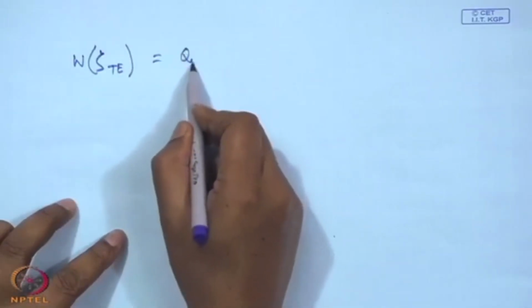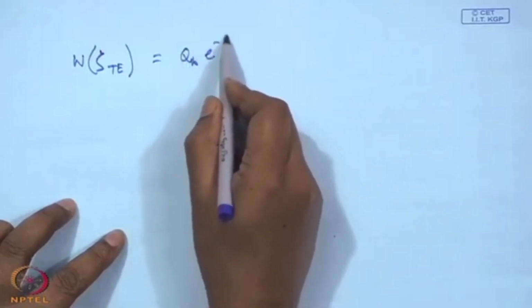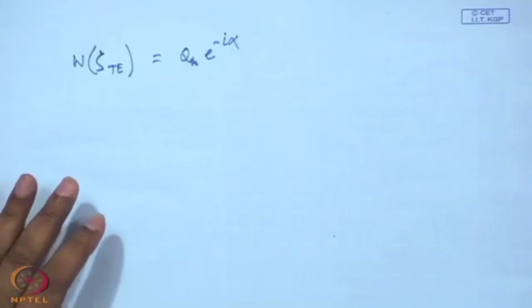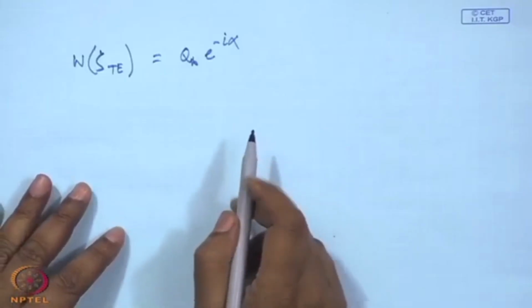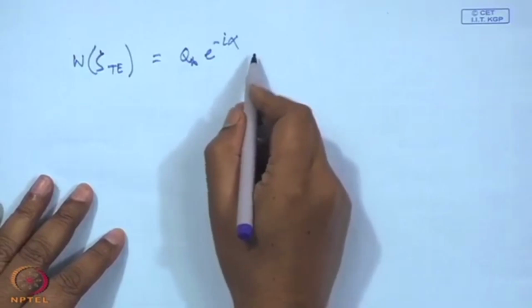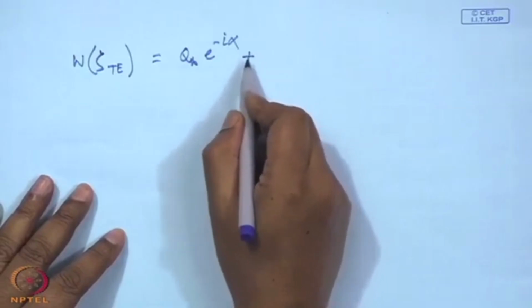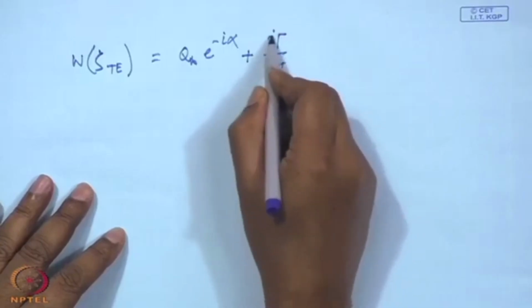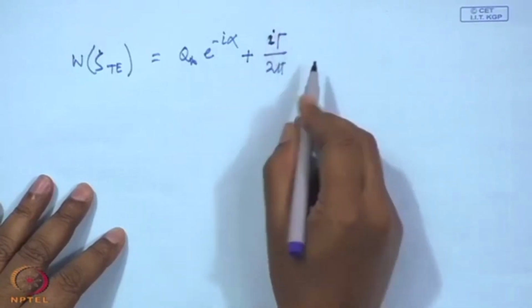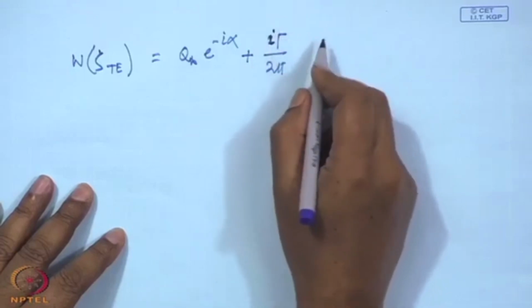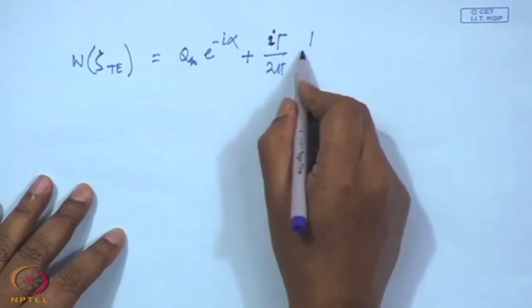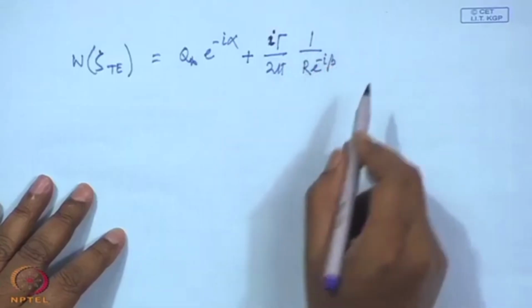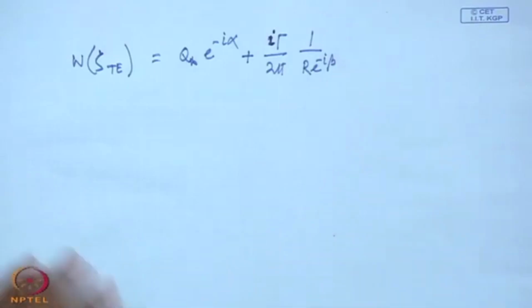The first term, of course, and the second term, i gamma by 2 pi. So, this is not 2 i gamma by 2 pi, the second one.